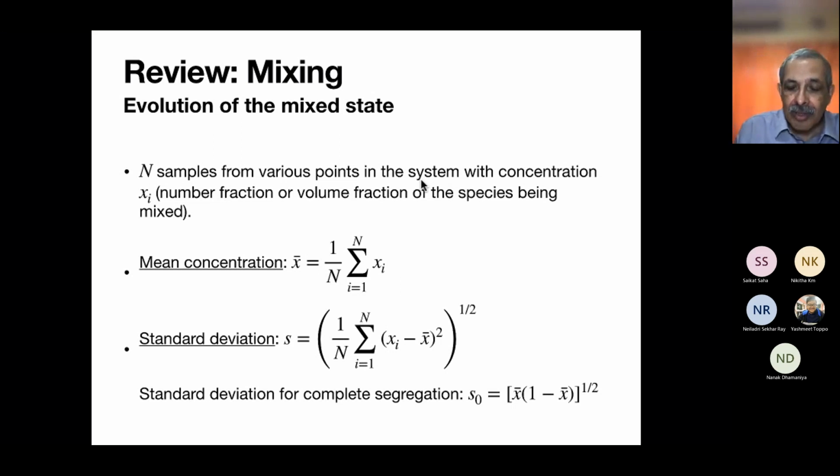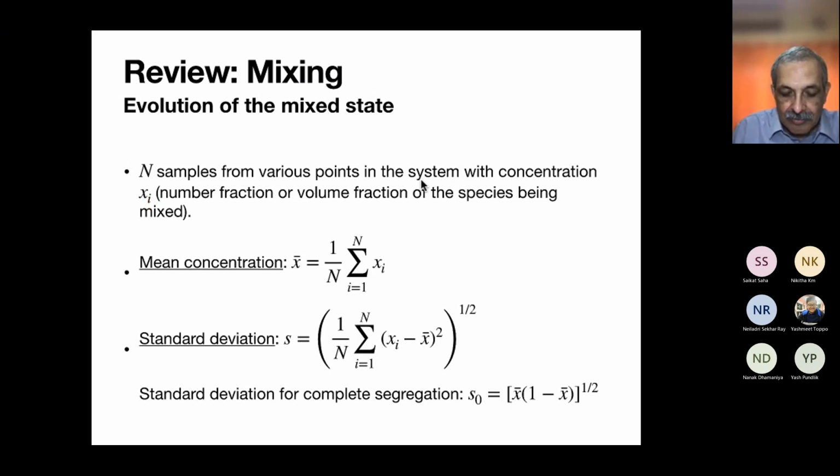We also saw that one way that we can try and see how well things are mixed is to calculate something called the standard deviation. So supposing we take n samples from various points in the system, and xi is the concentration of the ith sample, where this xi could be either number fraction or volume fraction of whatever species you're trying to mix.